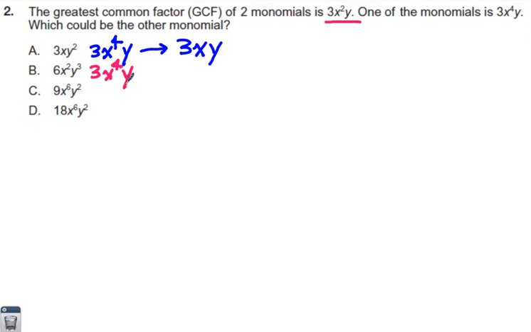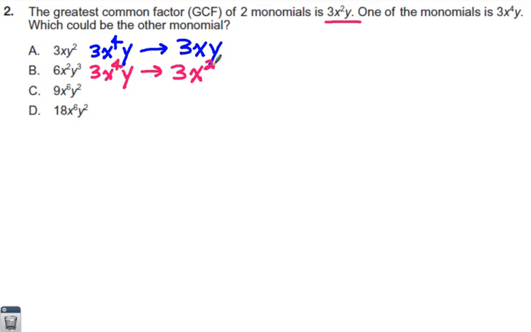Well, what's the GCF of these two? Between 6 and 3, the greatest common factor is 3. When you compare x squared and x to the fourth, you get x squared. And remember, this is a side note, with finding LCM of two or more monomials, you would go with the larger of the two powers.